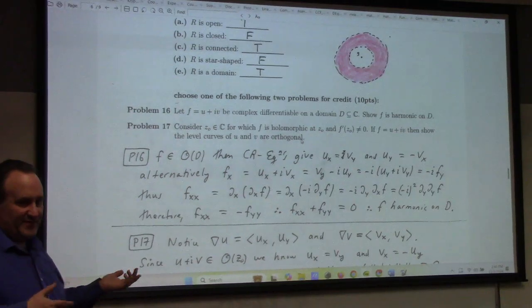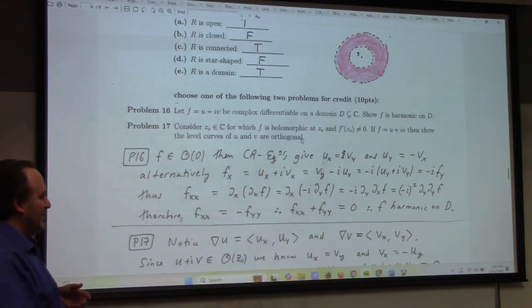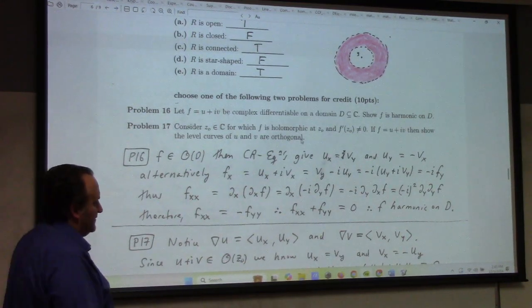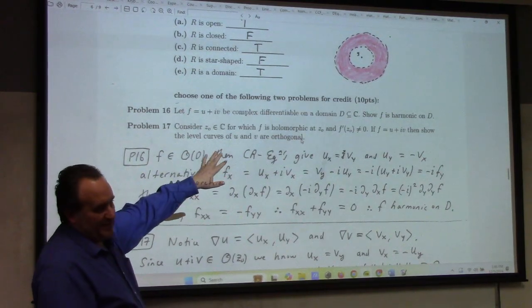There are three options. Do it for u, or do it for v, or do it for f, which is u plus iv. I chose to do it at the level of complex notation. I did ask to show f was harmonic here, so I really did need to do that.